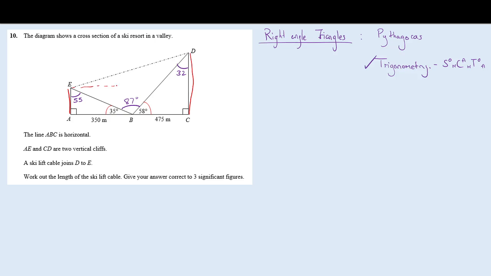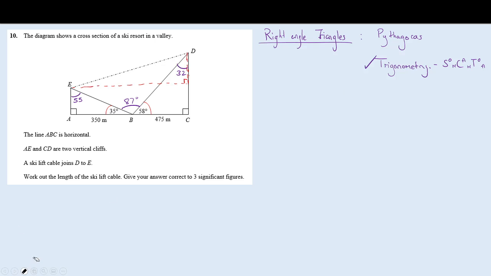Well, if I did that, I would be able to work out how long and how tall this triangle is, like the one I've done in red, that bit. Because I know how tall A to E is, and I know how tall D to C will be once I've used my trigonometry, and then I will have a length and a height to use up here with that red triangle. That would mean that I would be able to use Pythagoras.